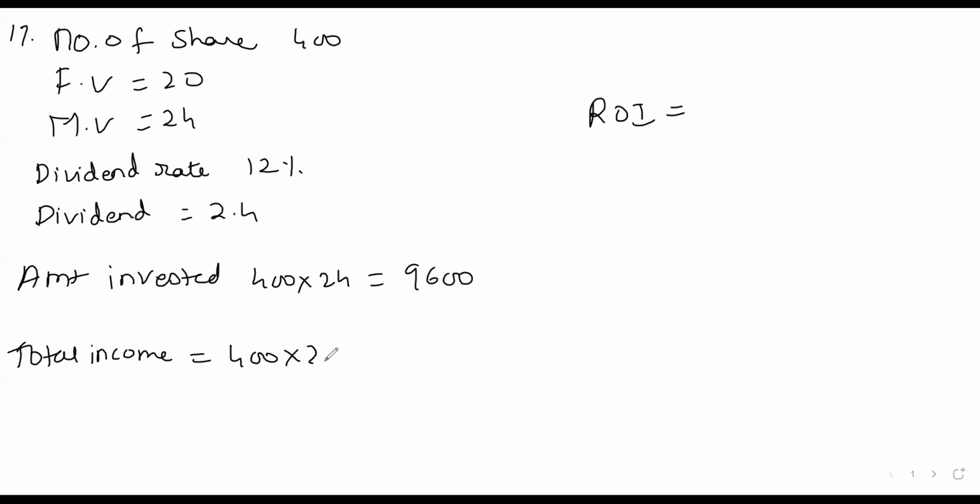So total income is 400 into 2.4, which is 960. This is the income. And ROI is 2.4 upon 24 into 100. That is 10% is the rate of return. Because dividend is always on face value. I mistakenly took it on market value and everything changed. Dividend is received only on face value. The company is not concerned about market value.